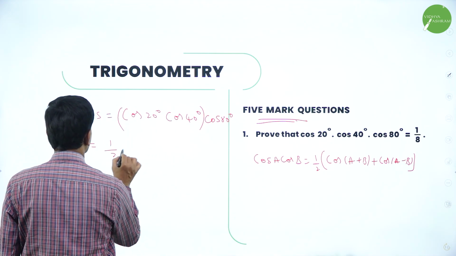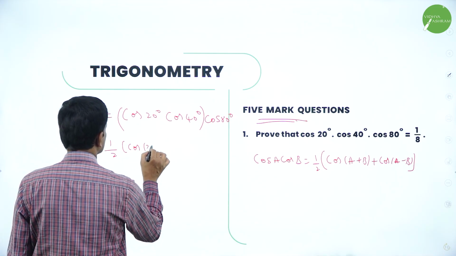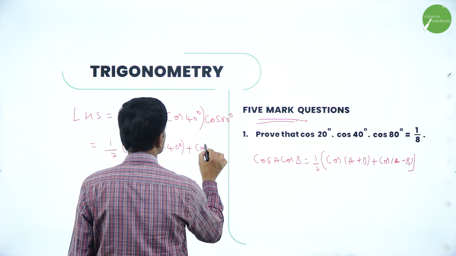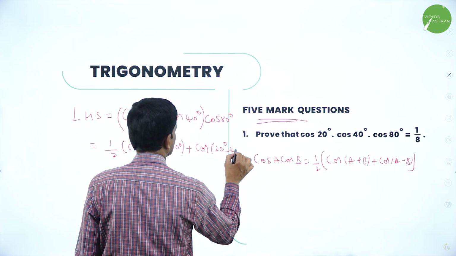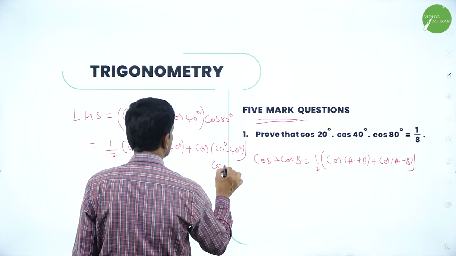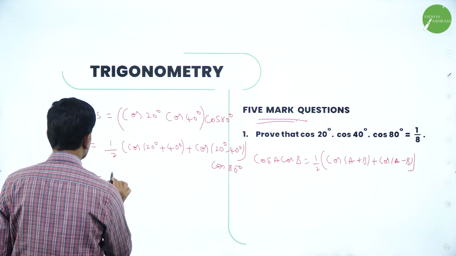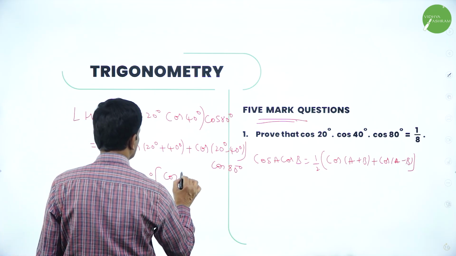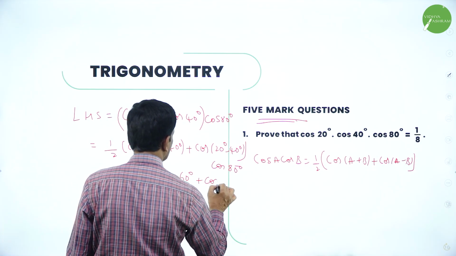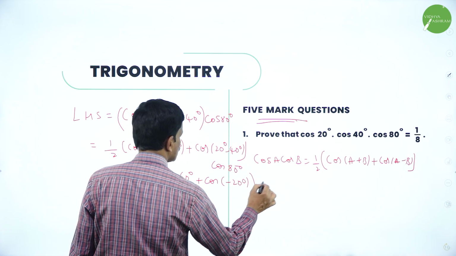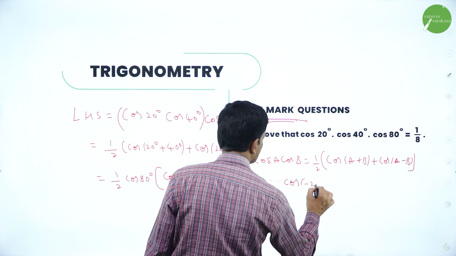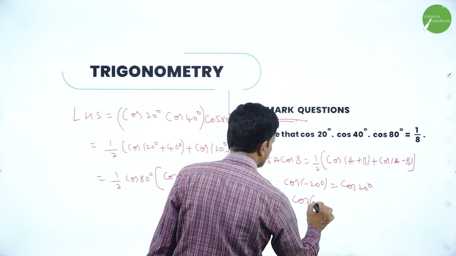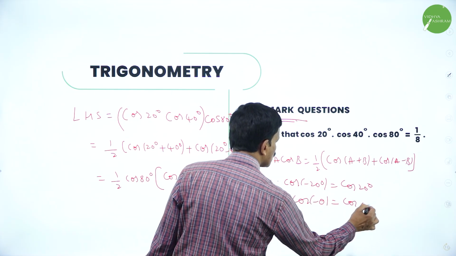So this is 1/2 into cos (20 plus 40) plus cos (20 minus 40), into cos 80 as it is. So I can write 1/2 cos 80 first into cos of 60 plus cos of minus 20. Since cos of minus 20 is also equal to plus cos 20, because cos of minus theta is equal to cos theta.